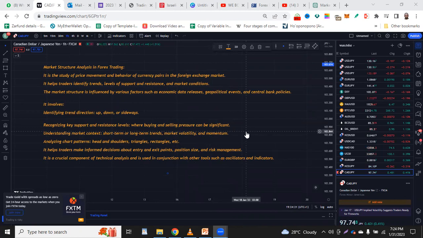So you can see through the kind of candles that are formed, which is still market structure analysis, that price has started moving.